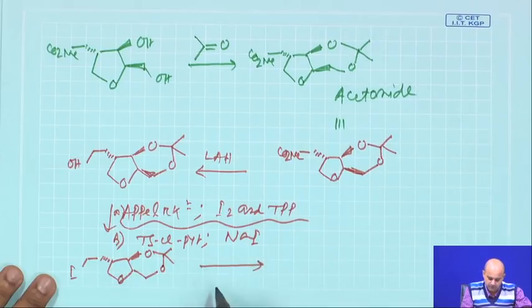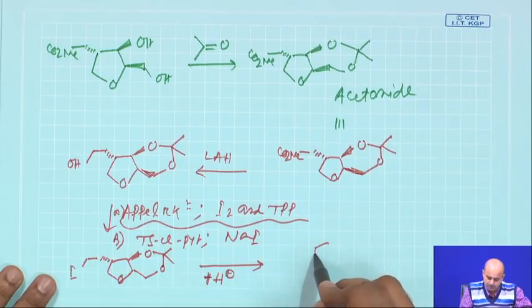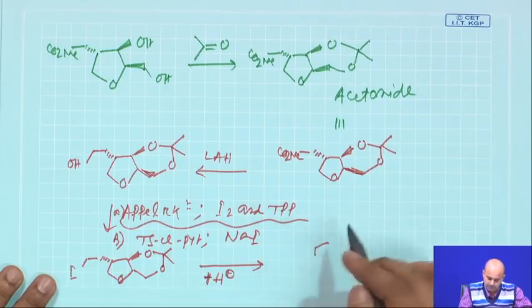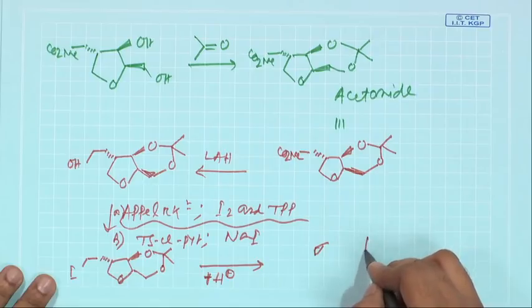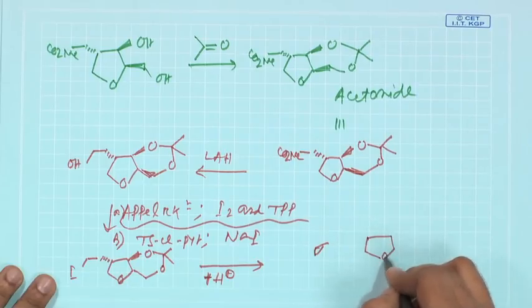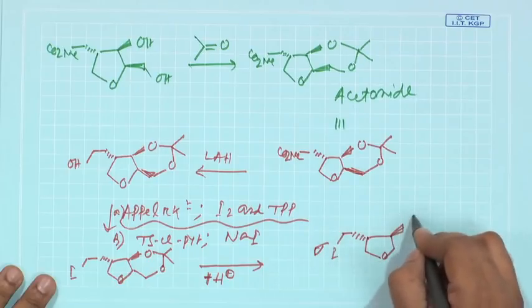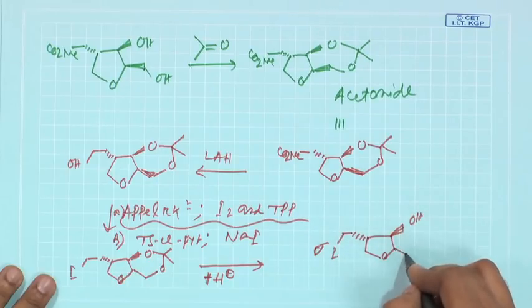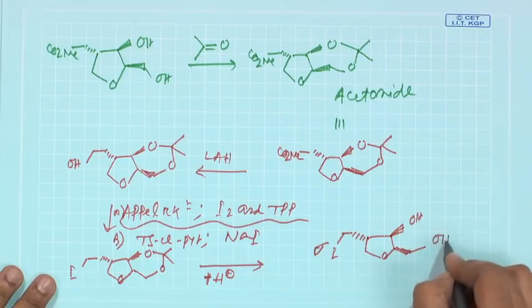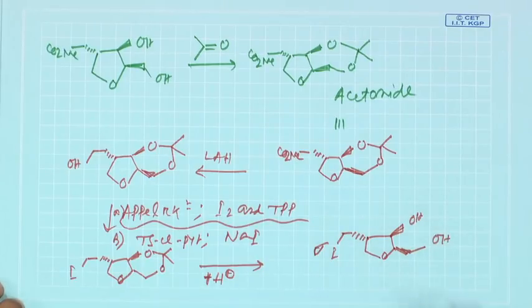Next you just need to remove this acetonide by treatment with H plus. So, next what will we get? This part will remain similar, and the alcohols will be as they were, and the acetonide will be removed.